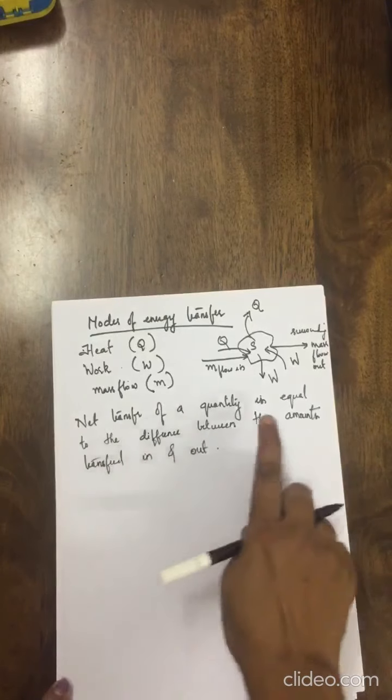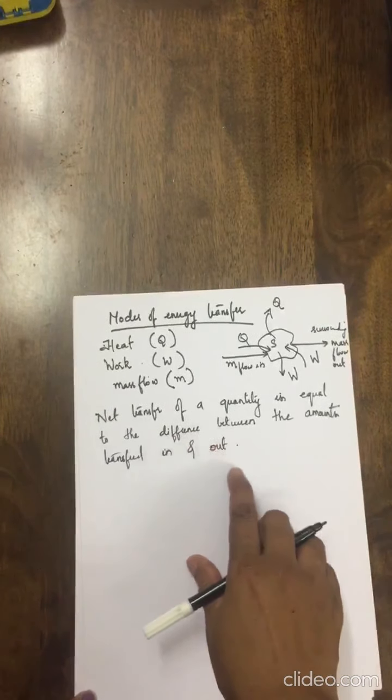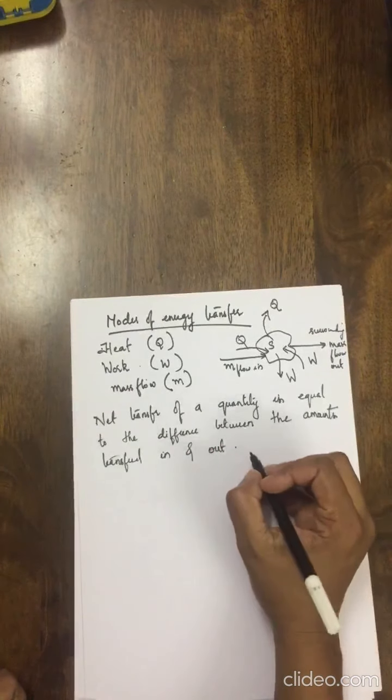So the net transfer of a quantity is equal to the difference between the amount that is transferred in and out. So how can we write the energy balance?